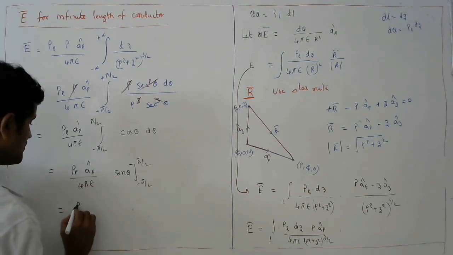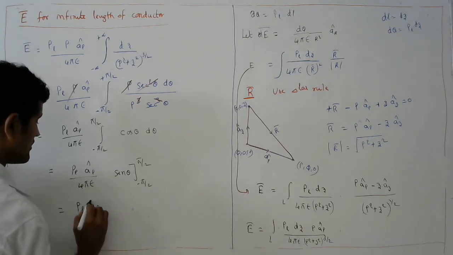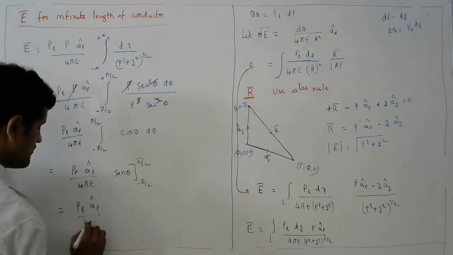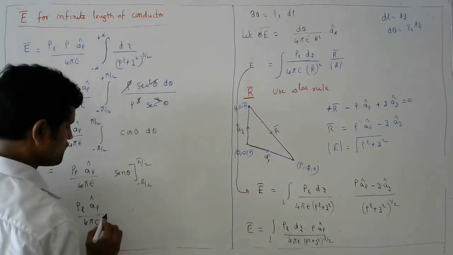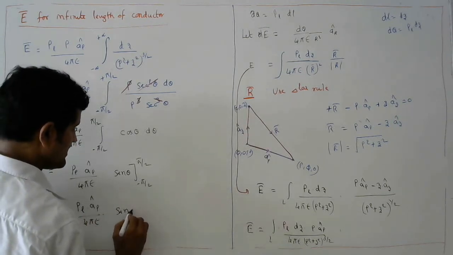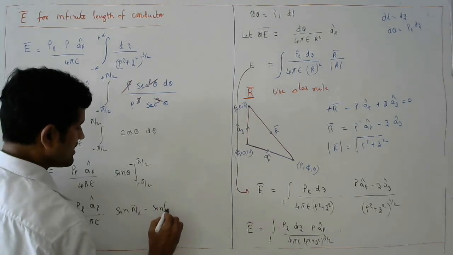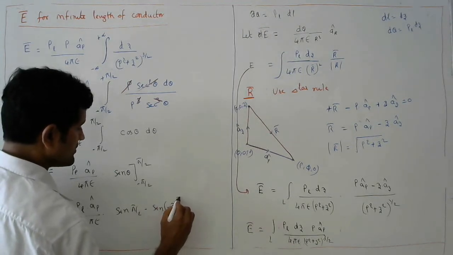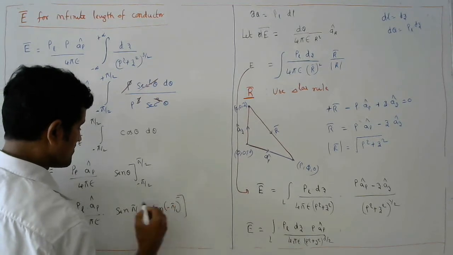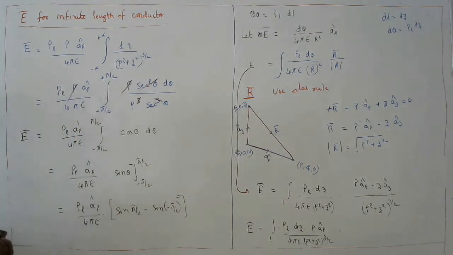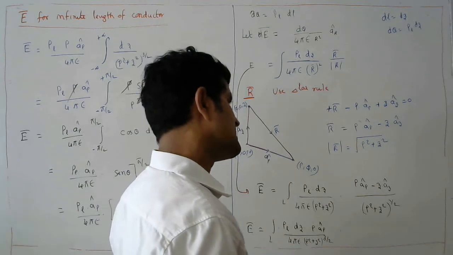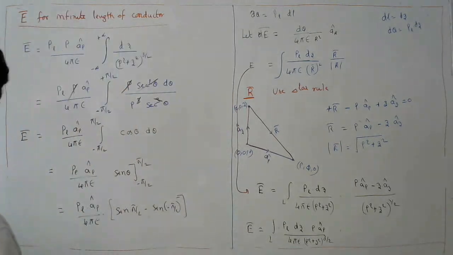So it is equal to rho L into a rho cap by 4 pi epsilon into sin pi by 2 minus sin of minus pi by 2. Sin pi by 2 is 1, and sin of minus 90 is minus 1, so minus minus gives plus.